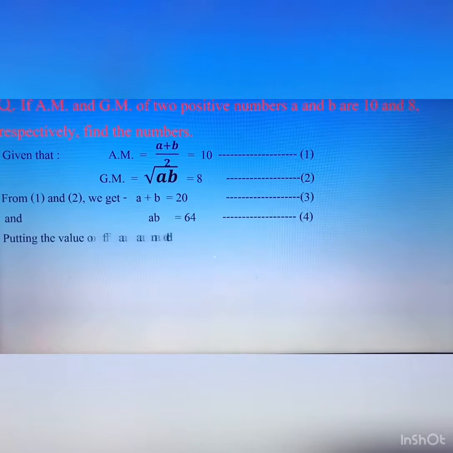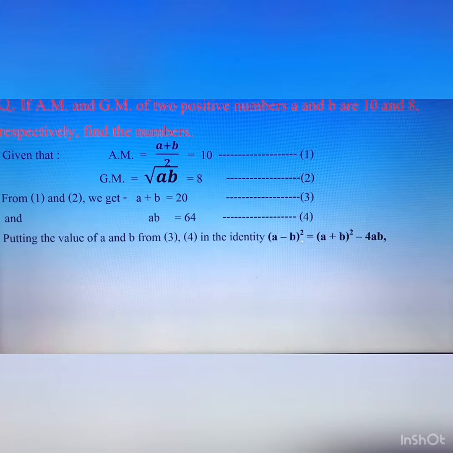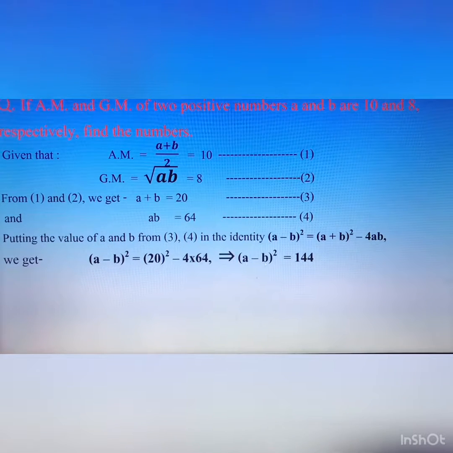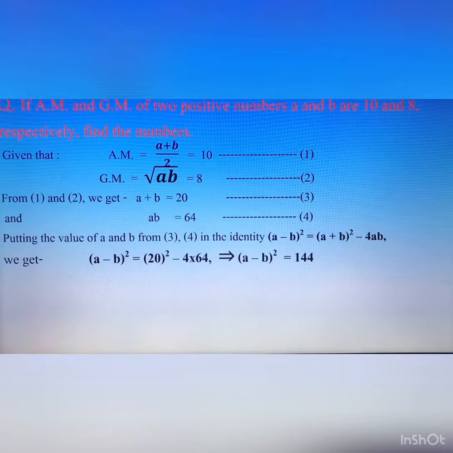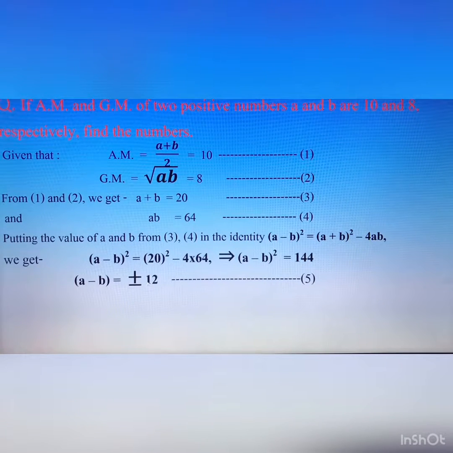Now from equations 3 and 4, putting these values in this identity, that is (a minus b) whole square equals (a plus b) whole square minus 4ab. So what do we get? (a minus b) whole square equals (a plus b) whole square, where a plus b is given as 20, so 20 square, and ab is given as 64. So we get (a minus b) whole square equal to 144. This gives a minus b equal to plus or minus 12. This is equation number 5.